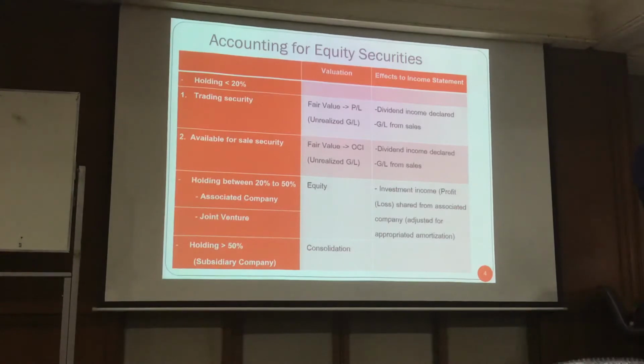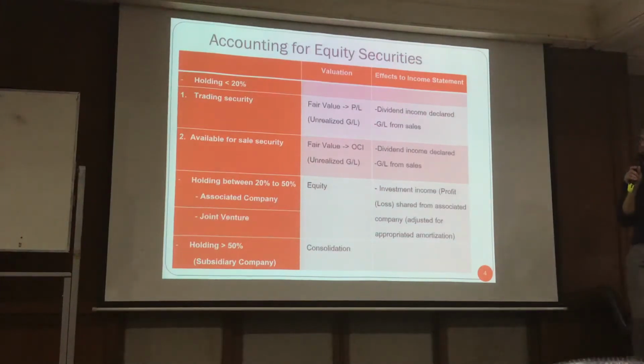The technical term for us accounting people is consolidation. Assets and liabilities of the subsidiary belong to the parent in the consolidated statements. Revenue and expenses also belong to the parent in the consolidated income statement. All right, and you're going to learn how to prepare that.